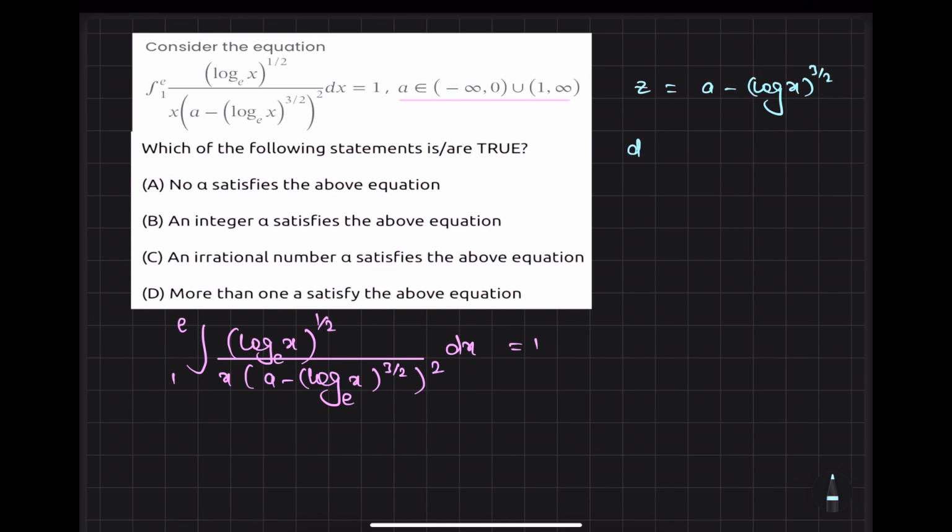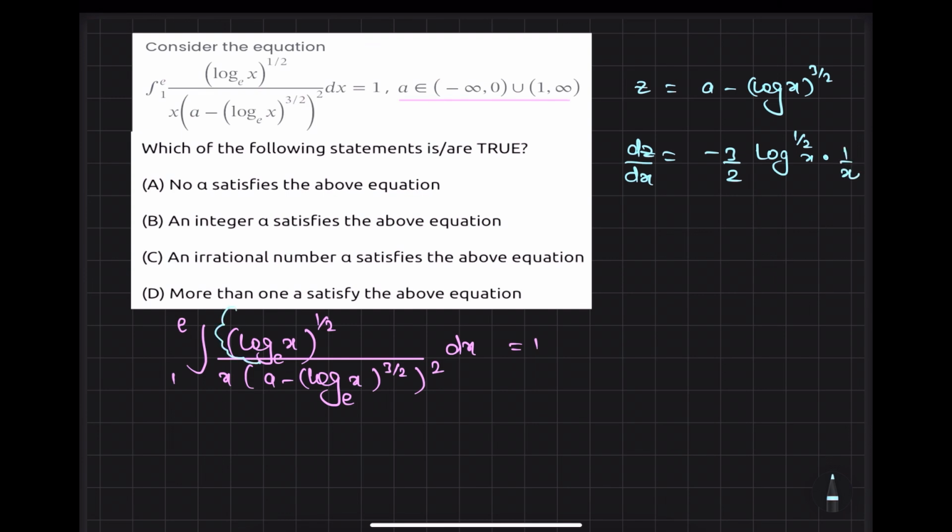Let's do the differentiation. So dz by dx: differentiation of a constant is 0, minus of 3 by 2, first we will differentiate the power, so we will be left with 3 by 2 minus 1, which is 1 by 2, and then differentiation of log x is 1 by x.